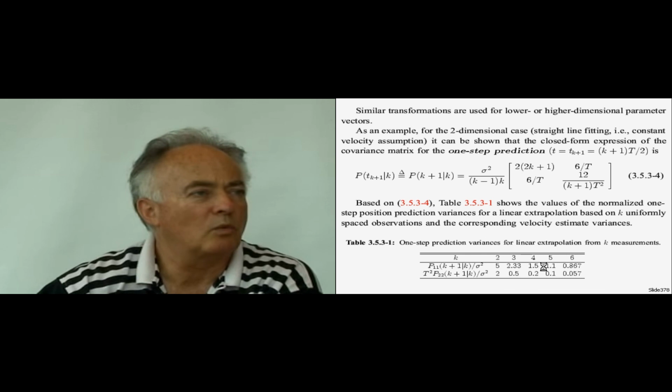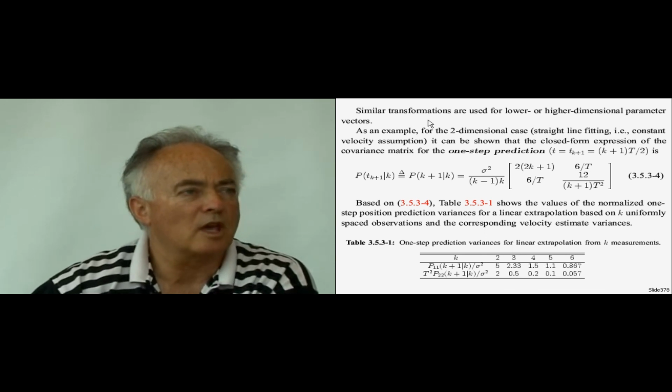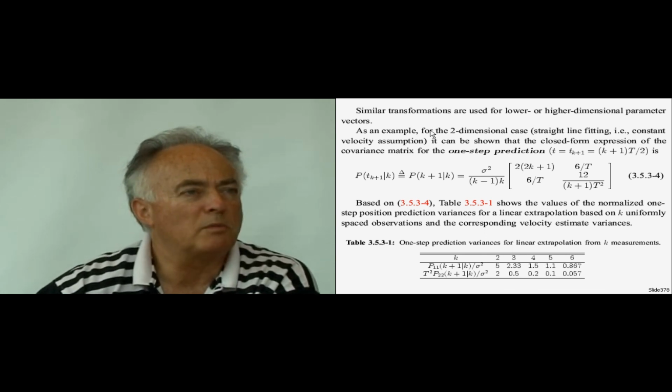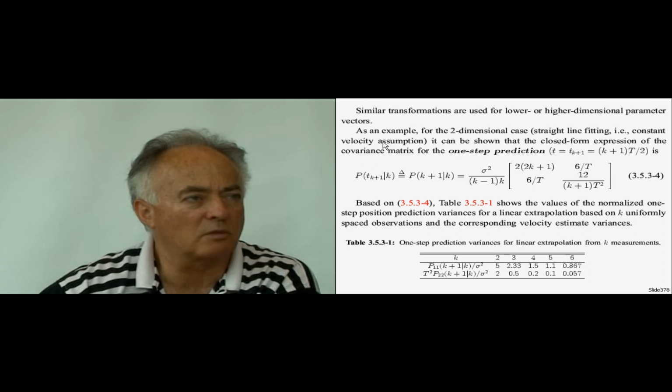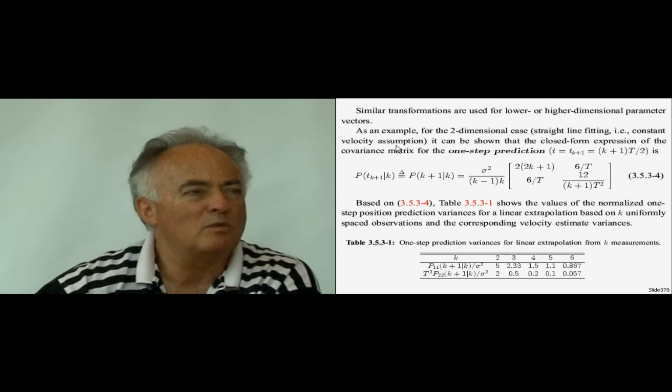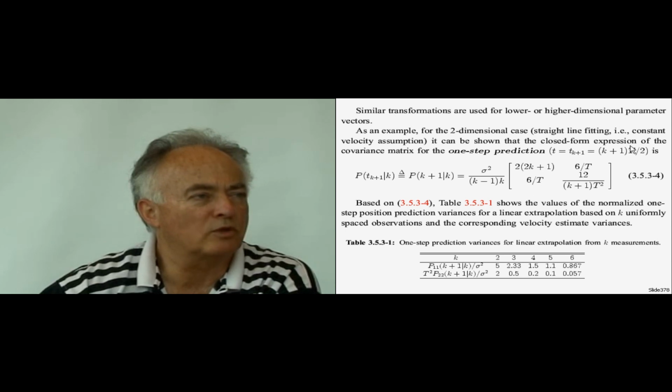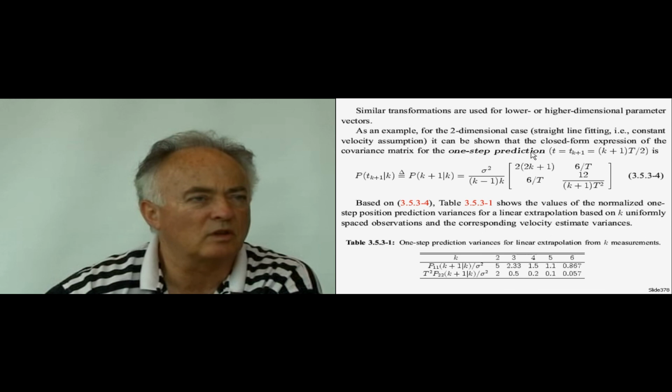We'll take one example and consider a two-dimensional case, which is a straight line fitting, in other words, a constant velocity assumption. We will take a look at the closed form expression of the covariance matrix for the one-step prediction.